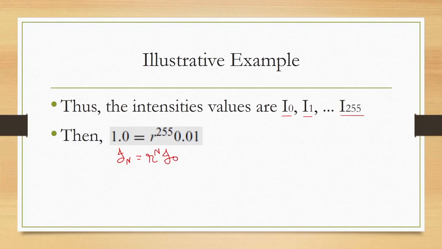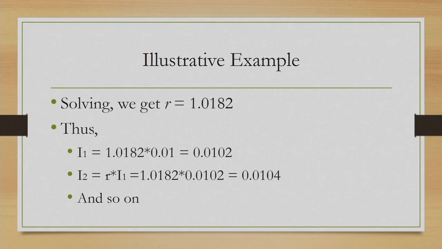Now, here we are replacing the values of IN, I0 and n to get this equation, and we solve this equation to get the value of R. So, solving this we get R equal to 1.0182.